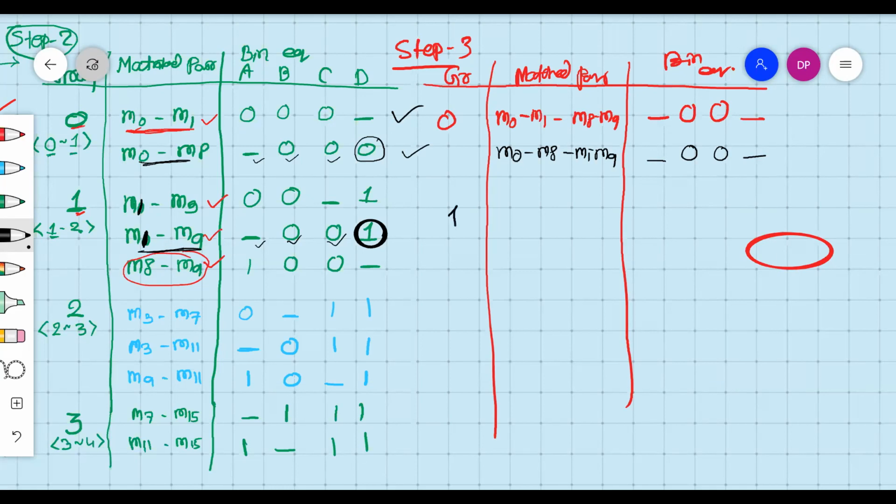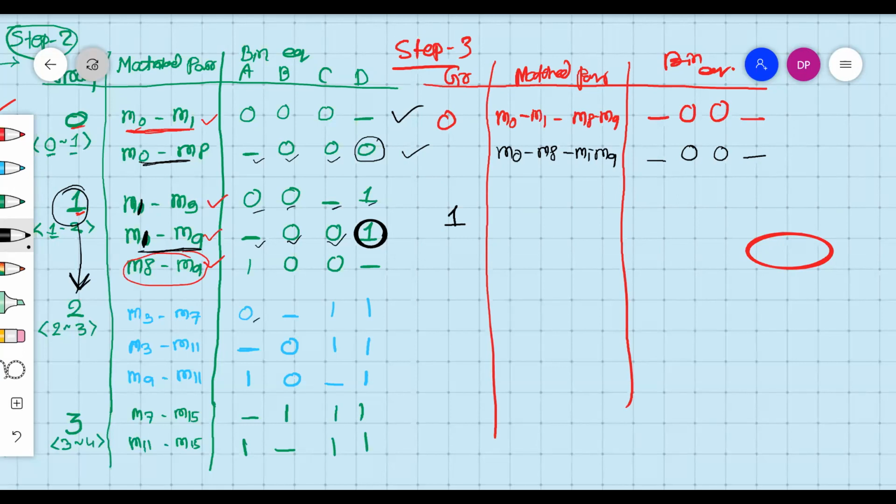Now let's make group 1. We will be comparing this one with these two, element by element. So compare here 0 0 dash 1 with this 0 dash 1 1.